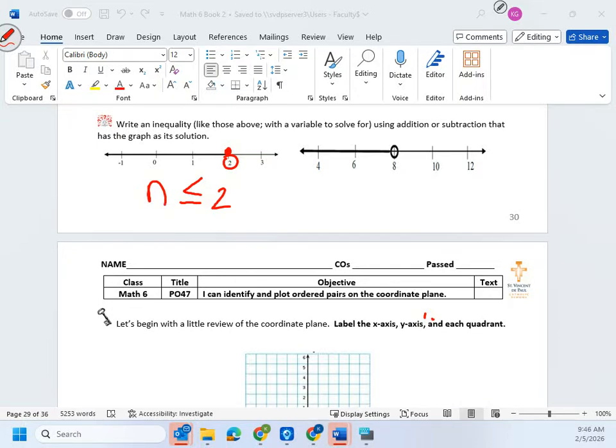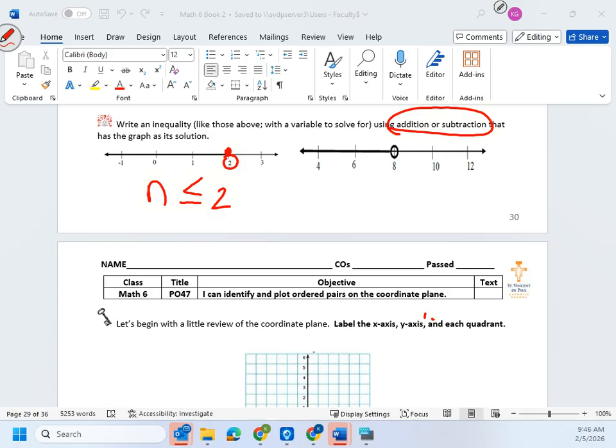But now I'm going to look at my directions. I need to have an inequality statement using addition or subtraction that's going to be n is less than or equal to 2. So think to yourself, if n is a number smaller than 2, what inequality statement could I put that would get 2 for that answer over there?